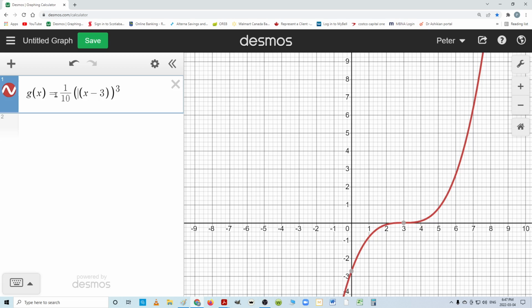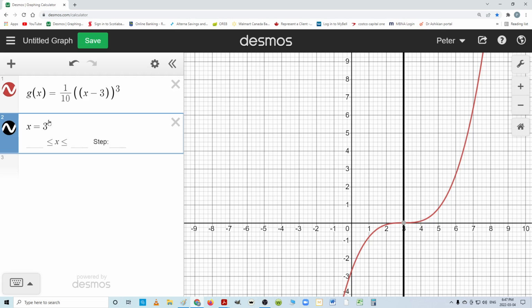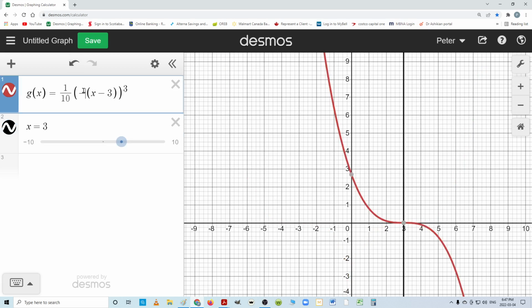It looks like it's the same flip, but actually here all the x and the y values are flipping. Oh, that doesn't work because it's got to be in brackets like this. All the x and the y values are flipping through its axis of symmetry, which is still here, right? So all the x values are flipping to the other side of that black line. Whereas when I put it out here, all the y values are flipping to the other side of the x-axis. Tough to see when they're symmetrical.